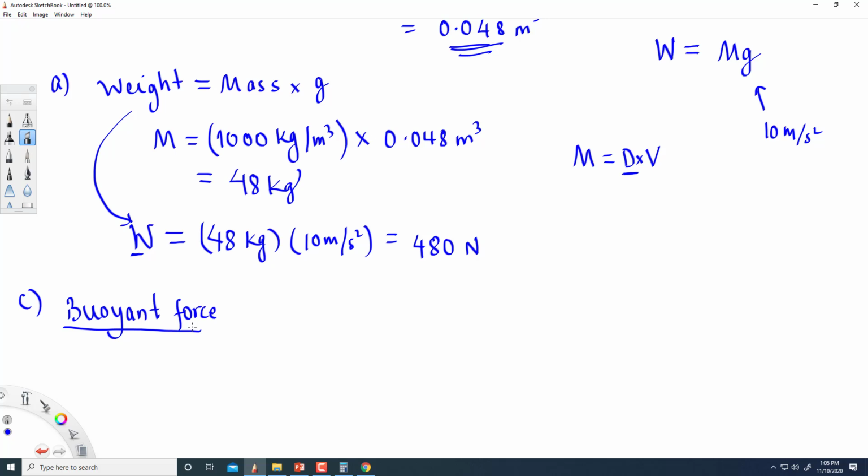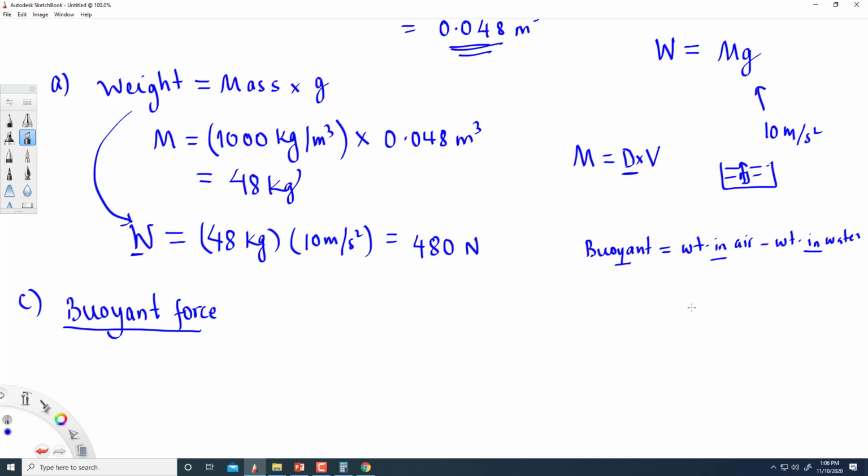The definition of buoyant force is, when you place an object in liquid, how much upward force the liquid exerts on the object. The way you can find the buoyant force is to measure the weight of the object in air, measure the weight of the object in liquid or water, and subtract the weight in water from the weight in air. That gives you the buoyant force.